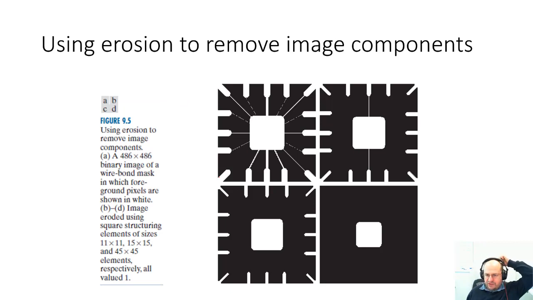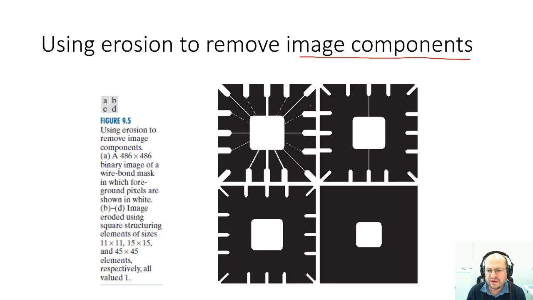So why do we need erosion? We can use erosion to remove some image components. So imagine that I have this kind of X-ray of a microchip, and I'm not really interested in these connections. I'm only interested in the microchip right at the middle.